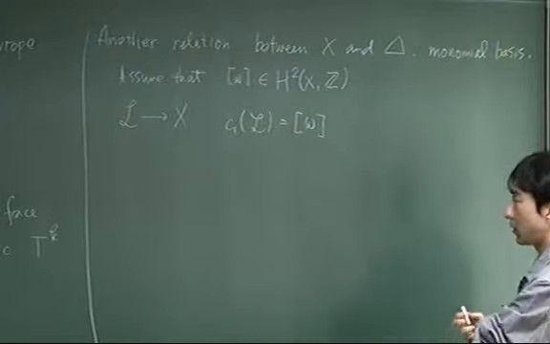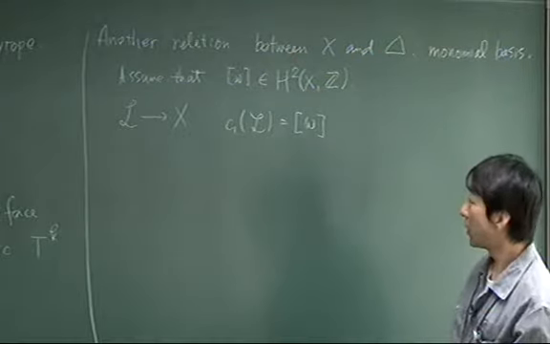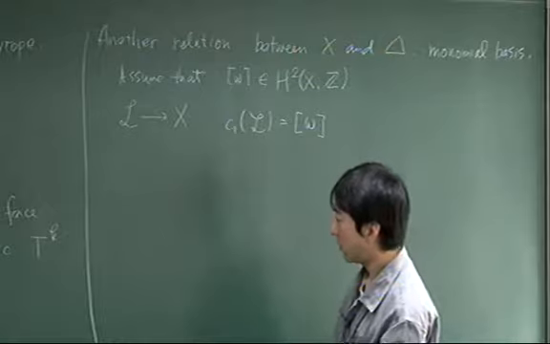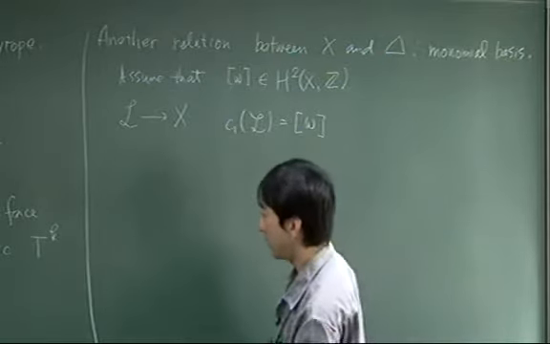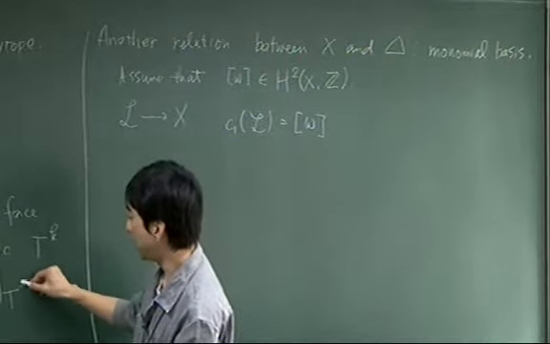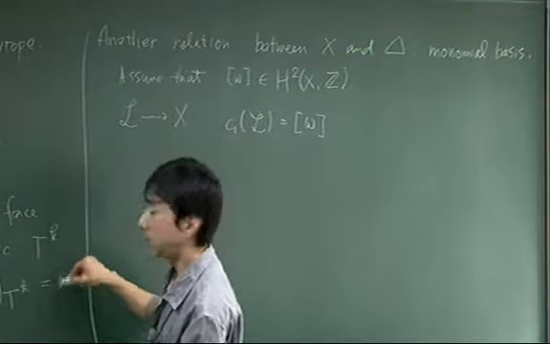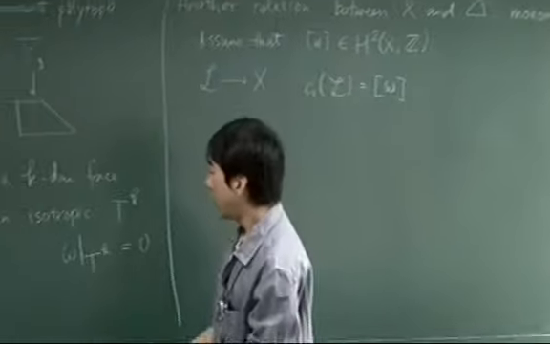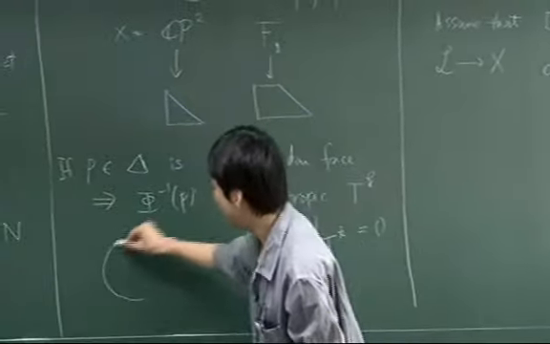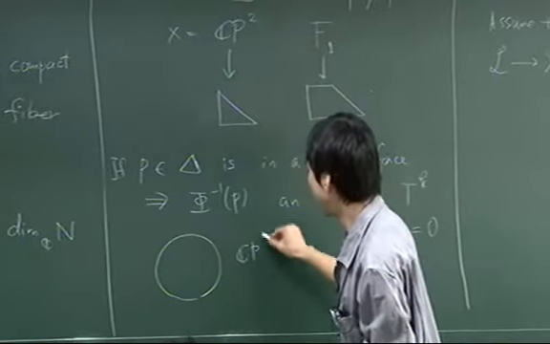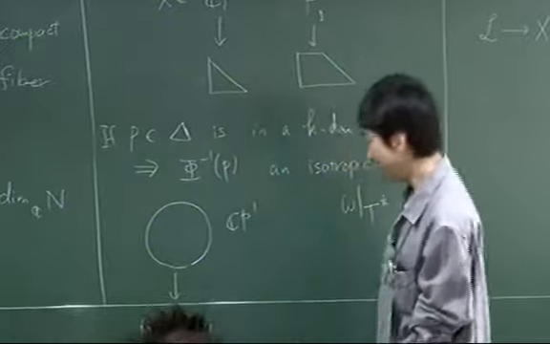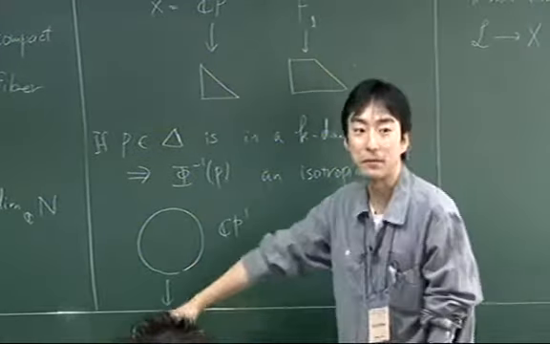What do you mean by the inverse image of isotropic T^k? Isotropic means that the restriction of the symplectic form to this fiber is 0. And maybe the simplest example is the case of CP^1. In the CP^1 case, the image of the moment map is just an interval.